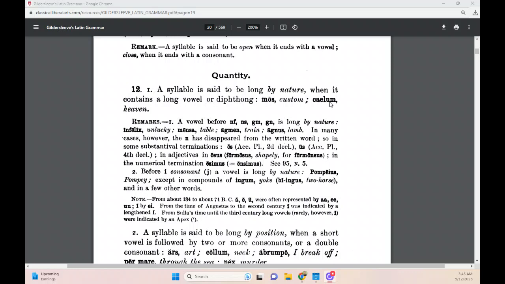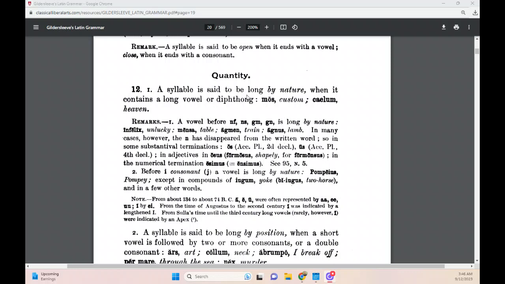In the second word here, we have 2 syllables. We're going to ignore this second syllable for now and just look at the first syllable. We see that the first syllable contains a diphthong. So again, this is why it's important to be able to identify the diphthongs when you see them. That means that this first syllable is long by nature.